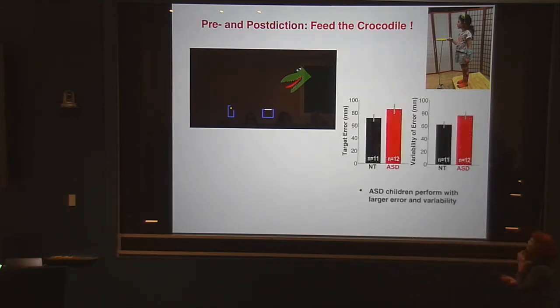Results are here. We have a target error, which means how exactly do they hit the center of the crocodile's mouth. And neurotypical children have lower error than ASD children. And if we just look at the standard deviations over batches of trials, their variability is lower than in ASD.